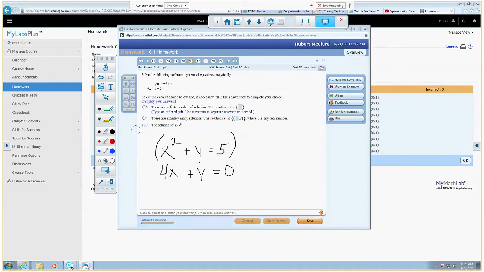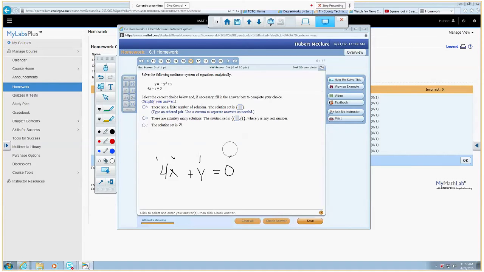So you want to use substitution. That changes a whole lot. And that x squared is negative. The x squared on top. Yeah, but when you bring it over, it's positive. So yeah, we want to use substitution on this one. We don't want to use elimination.